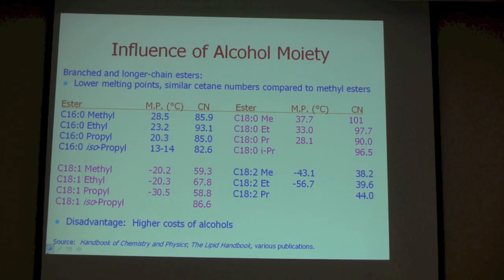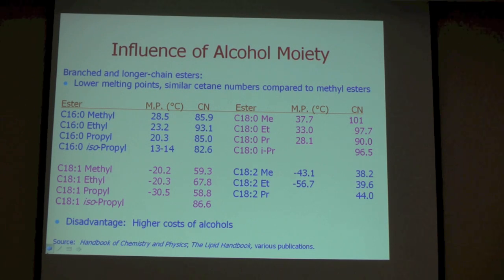I'll say a few words about the influence of the alcohol moiety. I pointed out you can change the fatty ester composition. And you'll recall from the data I showed for the melting points of neat fatty esters that the ethyl esters had lower melting points than methyl esters. You'll see that here too.